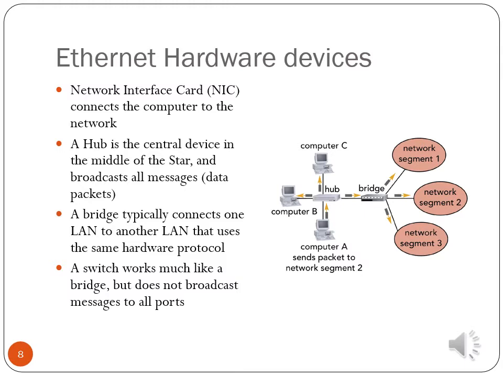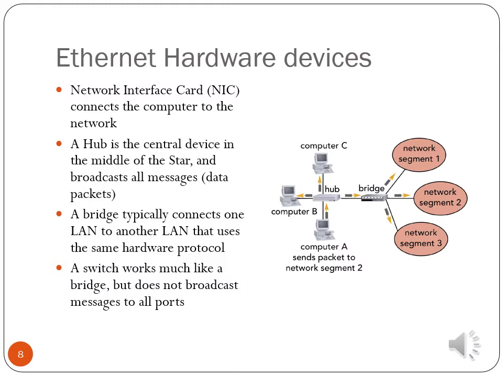It simply received data from a node and rebroadcasted all that data to every other node or every other computer connected to it. It was a broadcast device. And that's what the diagram is showing here. Computer A sends some packets to the hub. The hub then, you can see, is sending those same packets to computer B and C and to the bridge, which we'll talk about in a second.